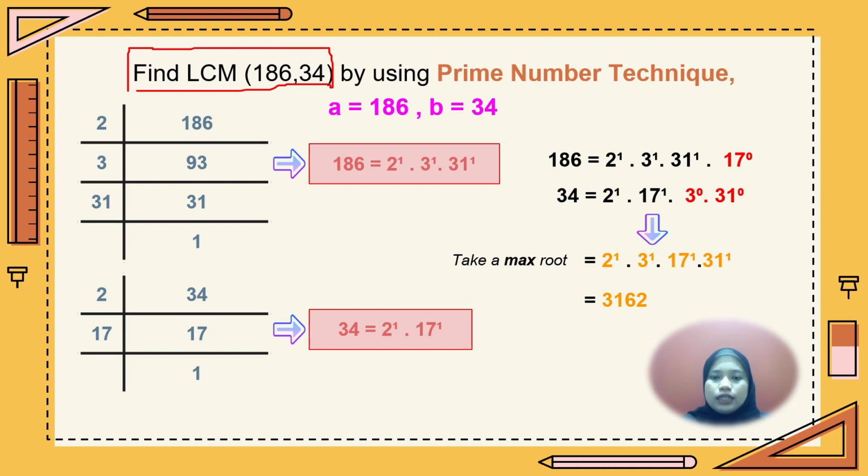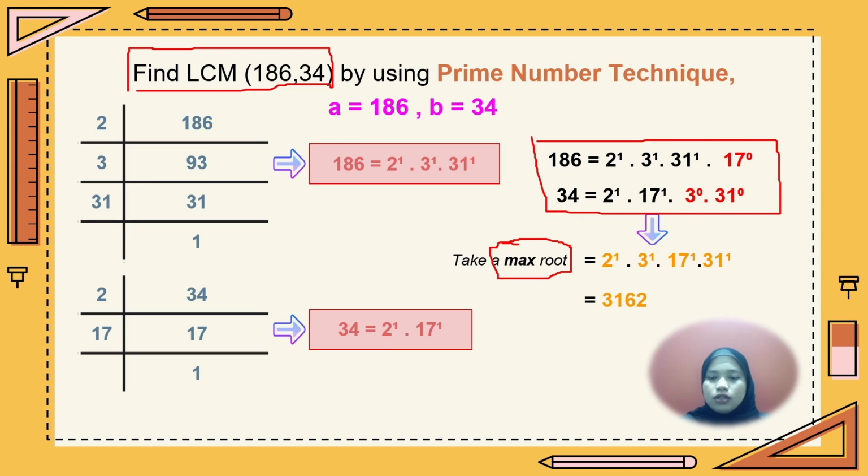The explanation is the same as before, but in this part we focus on the max roots. So we list all the prime numbers that we can divide here. The difference between GCD and LCM that I said before is max and min root.